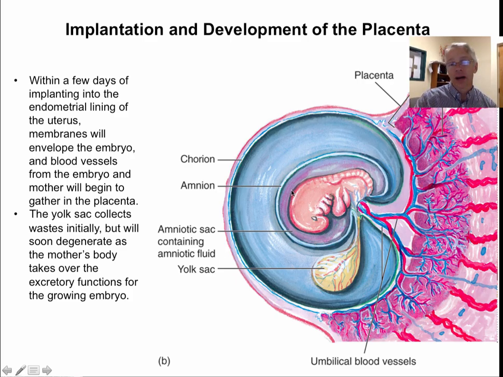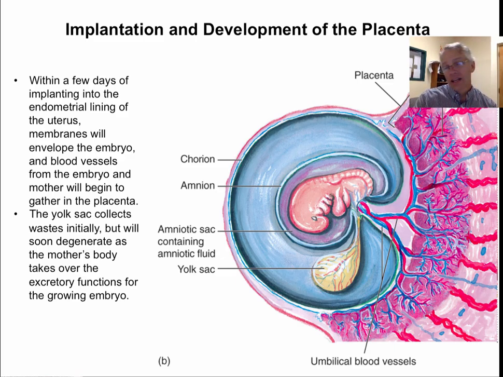And it's surrounded by a couple of membranes, the amnion and the chorion. And there's a third membrane associated with embryonic development, and it's the yolk sac. And yep, it's that kind of yolk sac, the same kind of yolk sac that our bird and reptile relatives have inside of an egg.